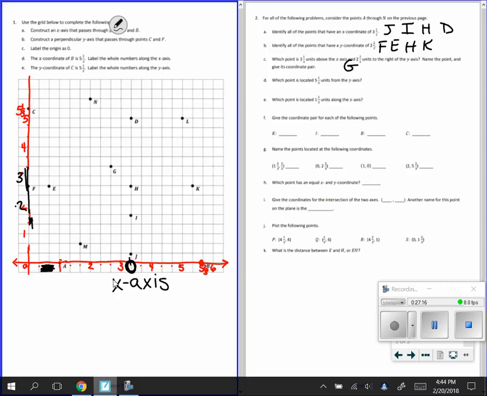Which point is located 5 1/3 units from the y-axis? So if I'm over here on the y-axis, 5 1/3, there's only one that is 5 1/3 away from the y-axis.